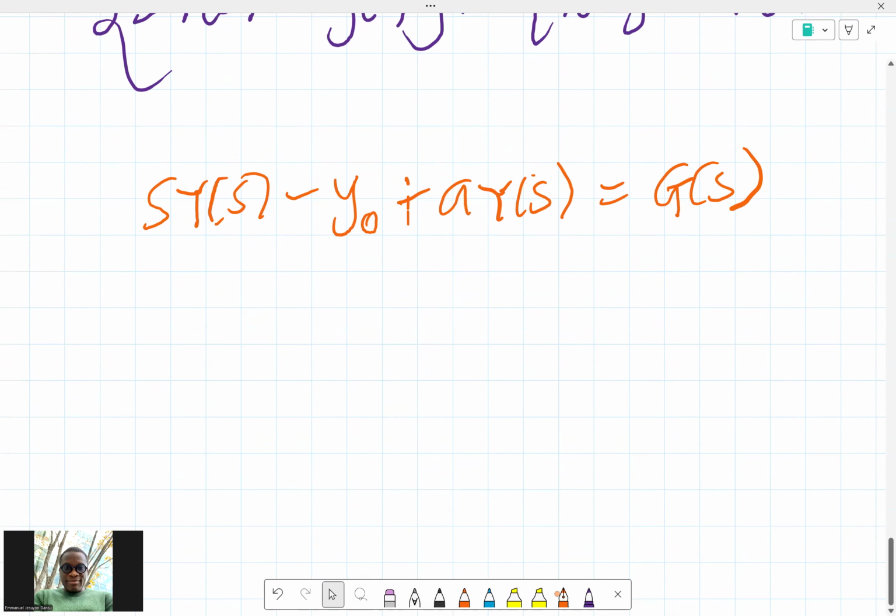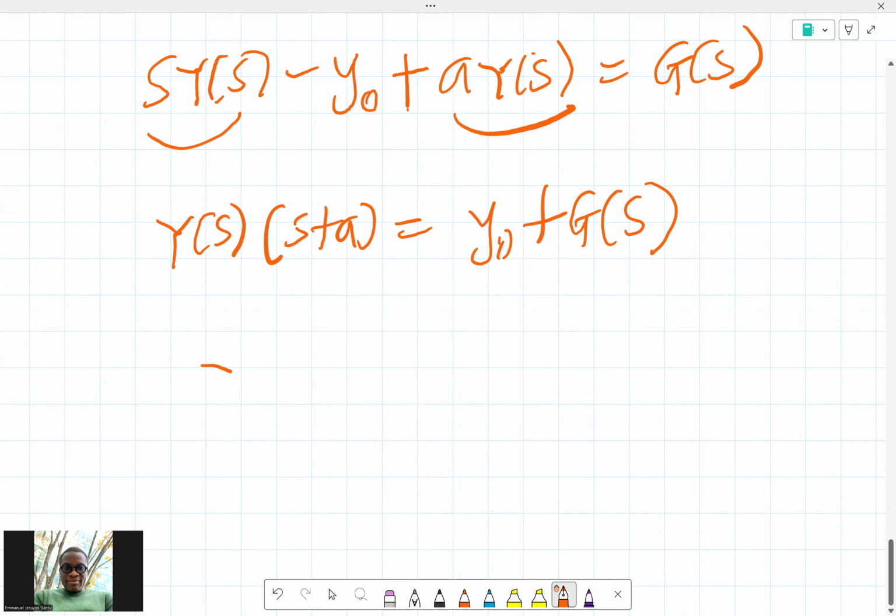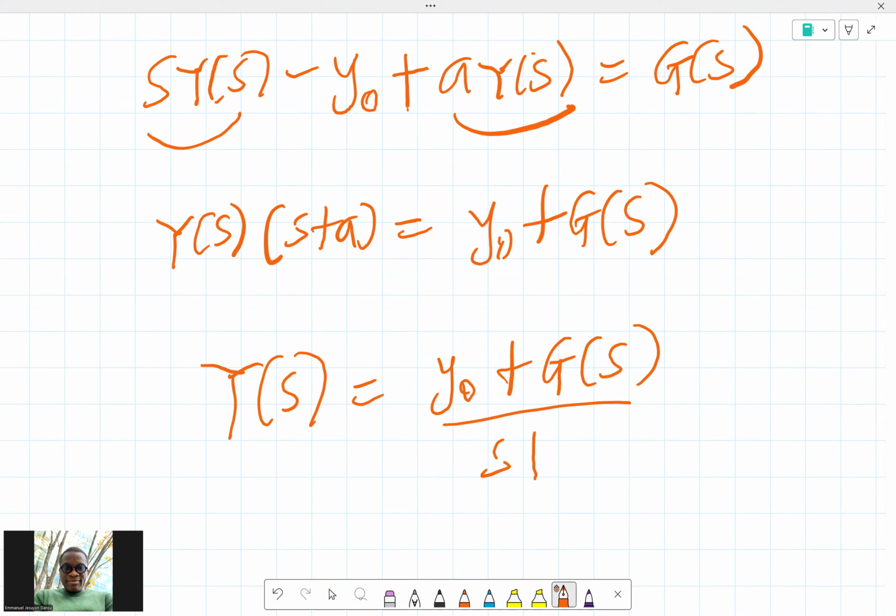We are looking for Y of s basically. Y of s is here and also here, so we collect those together and factorize: Y of s times s plus a equals y naught plus G of s, with y naught moved to the other side. So Y of s itself is y naught plus G of s, all over s plus a.